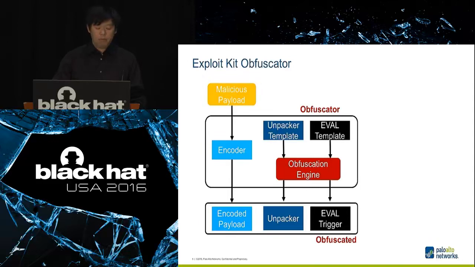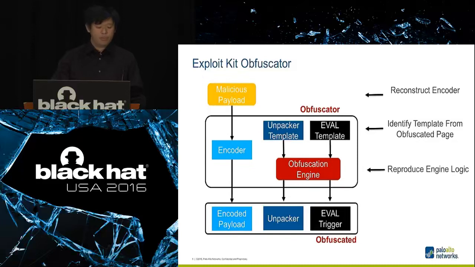Previous researchers mostly focused on the obfuscated page, which is the output. Our work takes a new angle: we want to focus on the obfuscator. We want to rebuild the obfuscator in order to reconstruct the encoder, identify the template from the obfuscated page, and also reproduce the engine logic of the obfuscation engine.